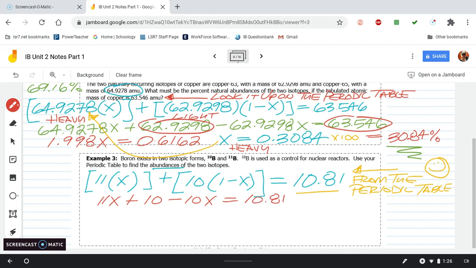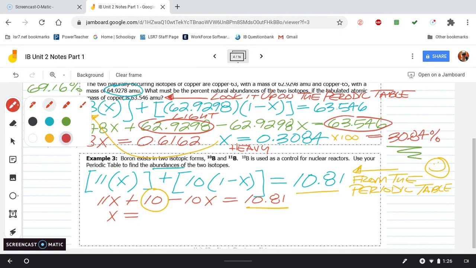Then we can clean up the x's. You got 11x and you got negative 10x, so that's just going to be x equals. And then subtract 10 from the right side, so we subtract that 10 from 10.81.